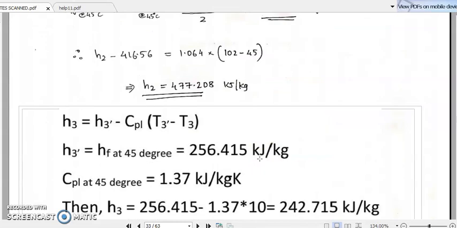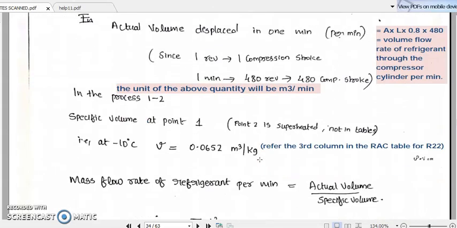So in the process 1 to 2, what is the specific volume at point 1? We can easily find this value from the data book. Take the tables of R22 in your data book and find the specific volume at point 1, which means at minus 10 degrees Celsius.